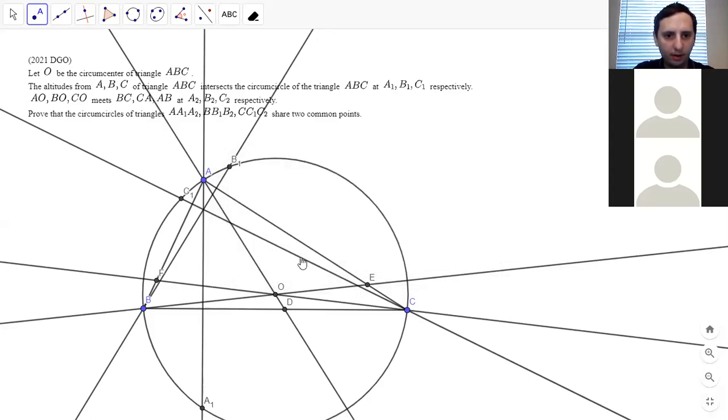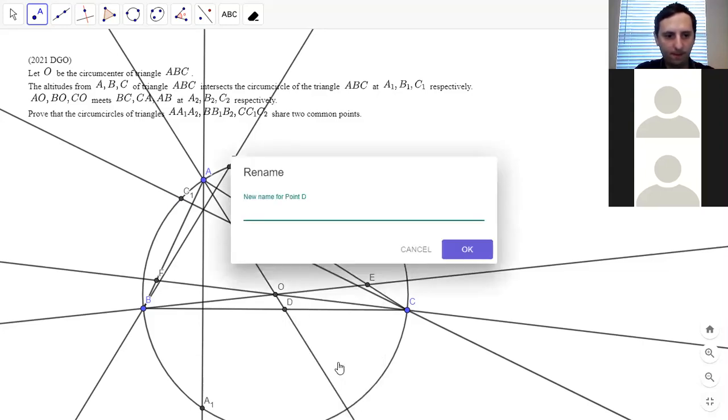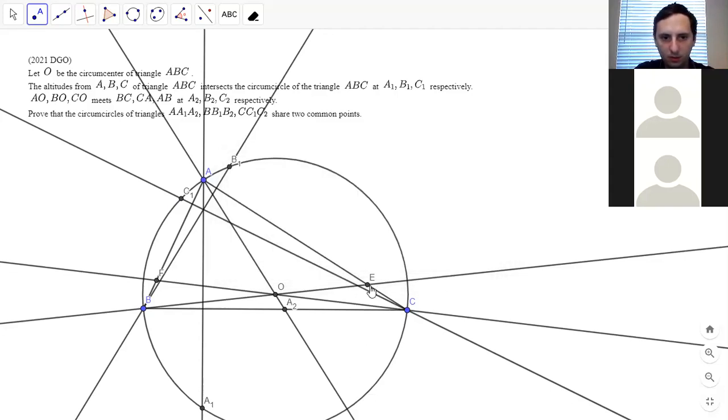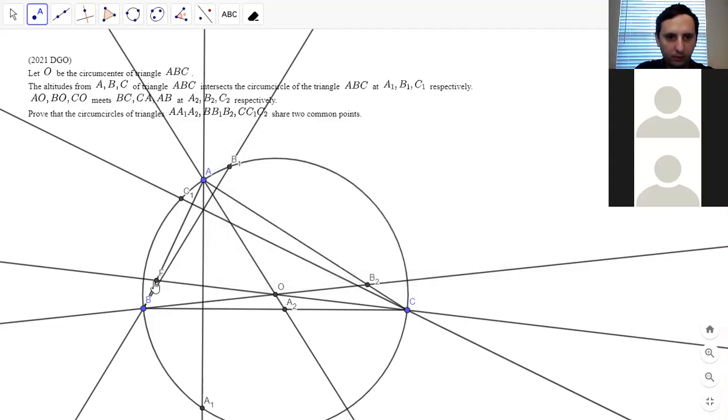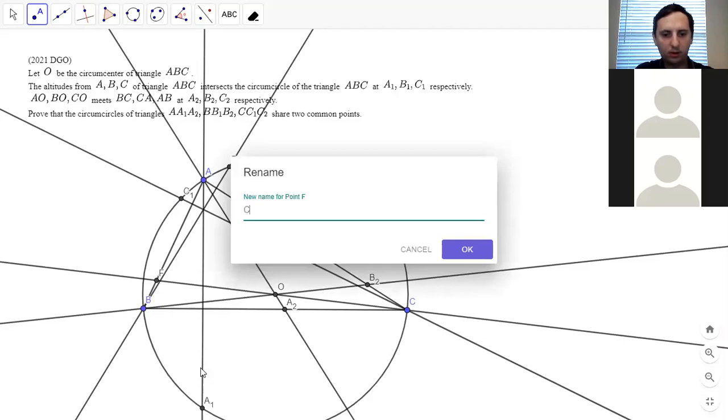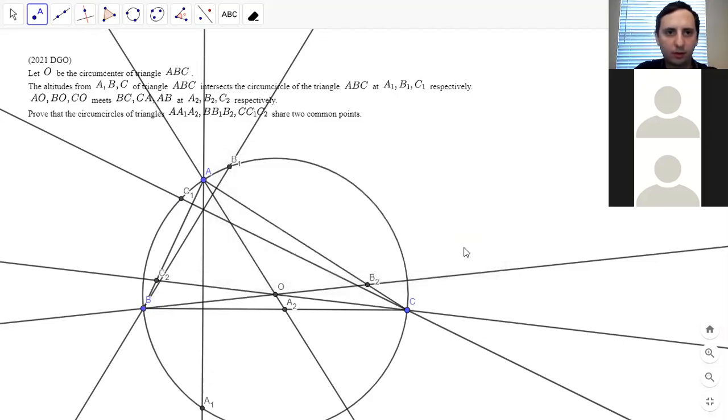And then this is A2, B2, C2. I'm going to make it look nicer.